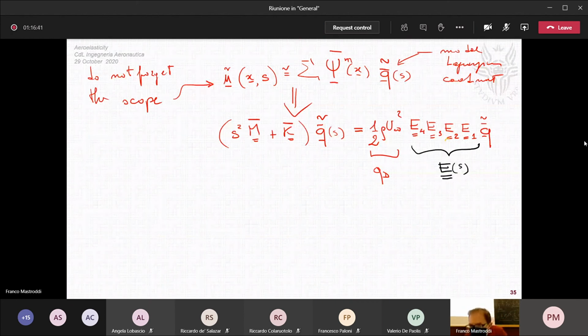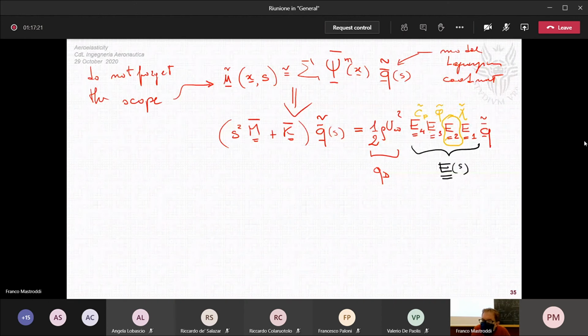What is this partial operator? It is the operator transforming the normal wash into the velocity potential. The E1 operator transforms the modal coordinate into the normal wash. E3 transforms the velocity potential into the pressure coefficient.